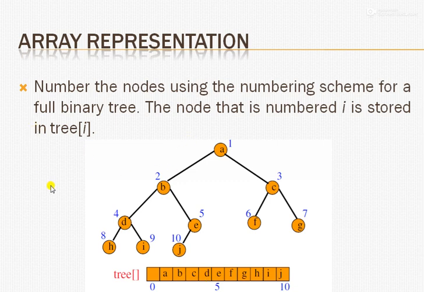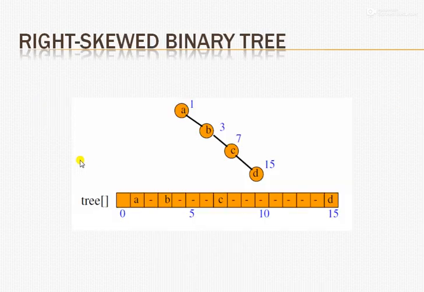But different problems may arise while we are representing a binary tree using an array. So let us see the problem. If I have a right skewed binary tree, say after doing some deletion or some other operations, or from the initial phase, for representing this right skewed binary tree using the array representation, how much space may I require?